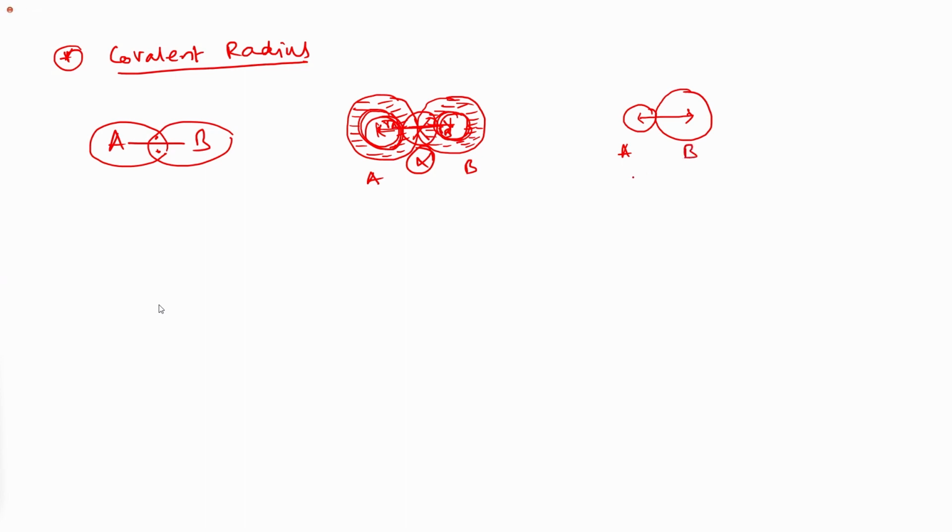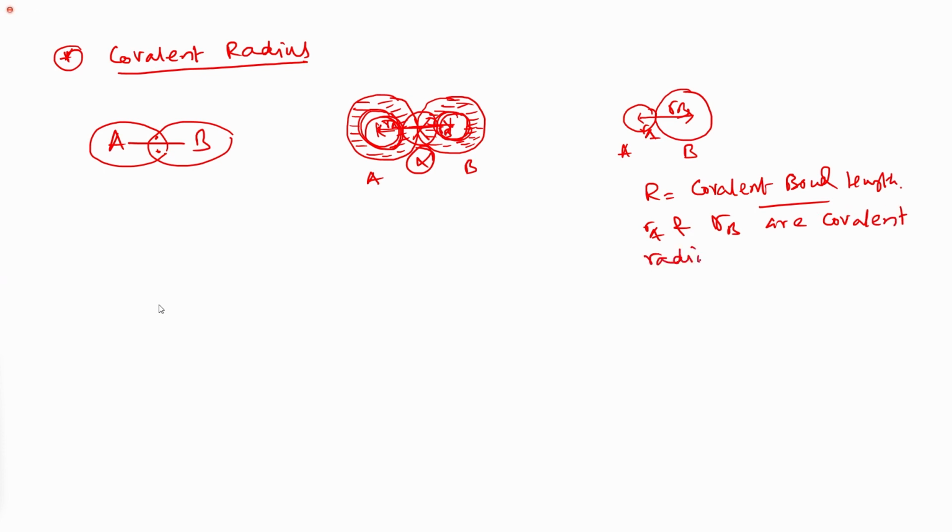This is the A atom, this is the B atom; this is the core of A and this is the core of B. The covalent bond length is R, and this is RB and this is RA. RA and RB are the covalent radii of the A and B atoms respectively.